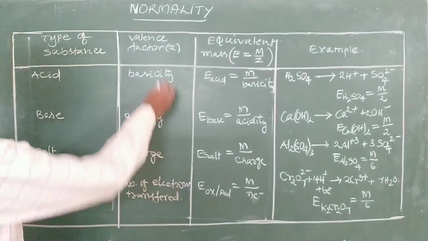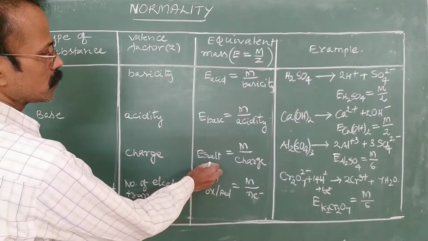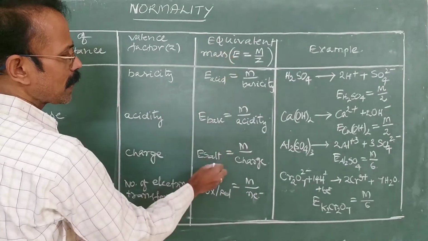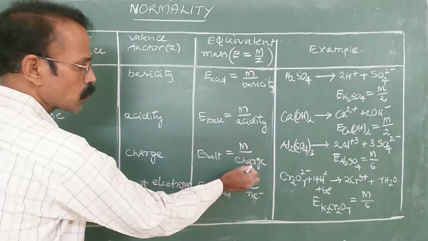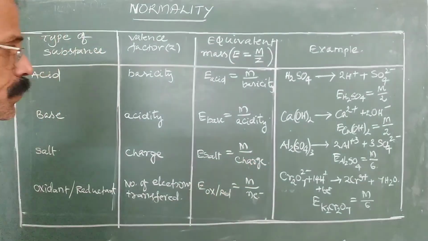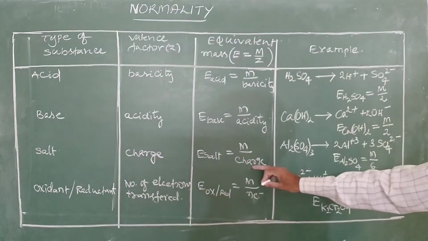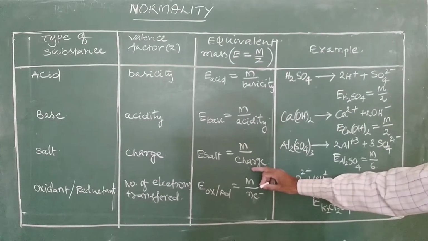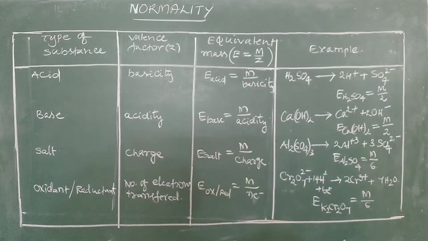So the equivalent mass can be calculated by dividing the molecular mass by the total positive charge or total negative charge, that is, the total charge on cations or total charge on anions.